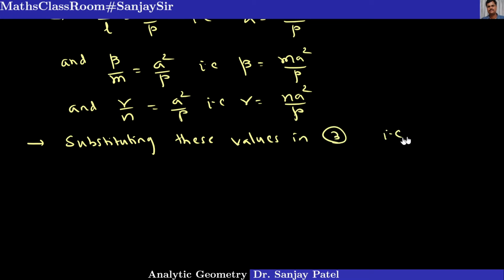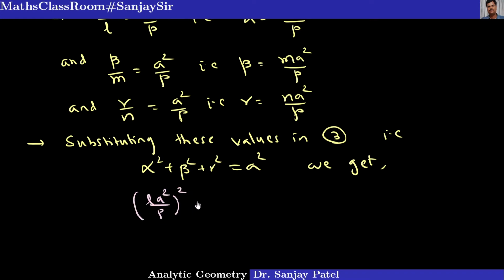that is alpha square plus beta square plus gamma square is equal to A square, we get: what is alpha? It is L into A square upon P whole square, beta is M into A square upon P whole square, plus N A square upon P whole square is equal to A square.